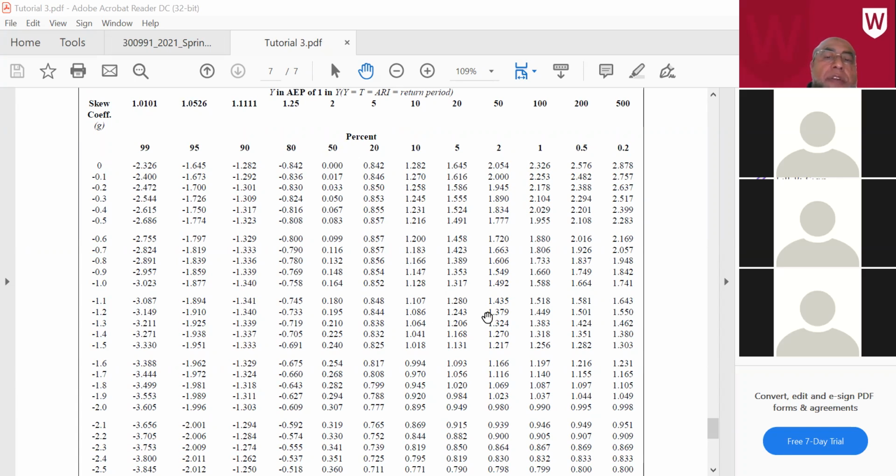So write it down: for skewness of minus 1.2, your KT is 1.379. So for minus 1.2 skew for 50-year return period, our KT is 1.379.